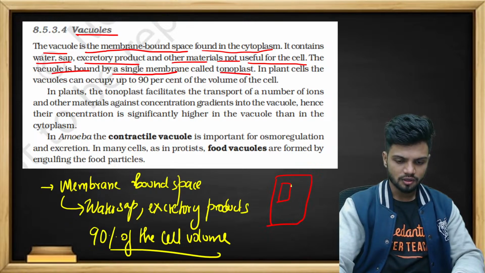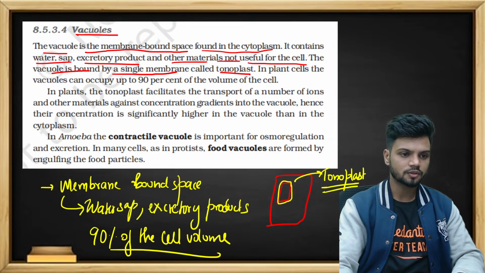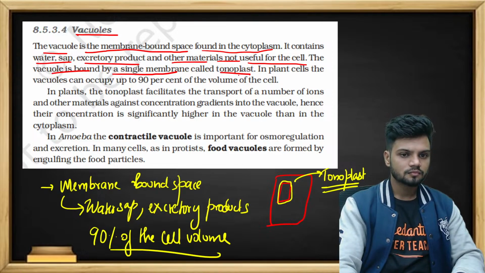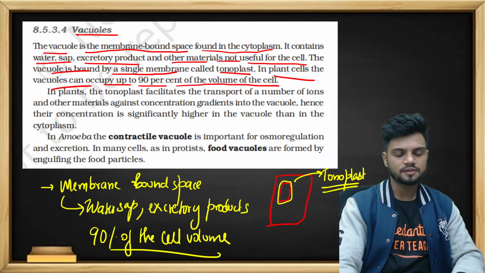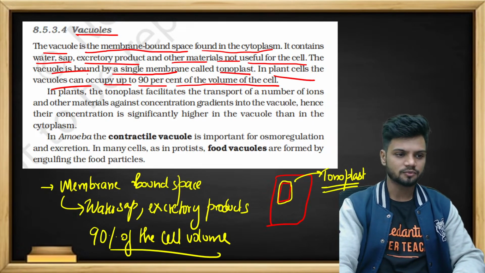In plant cells, the vacuole can occupy up to 90% of the volume of the cell. That big, the central vacuole is very large.